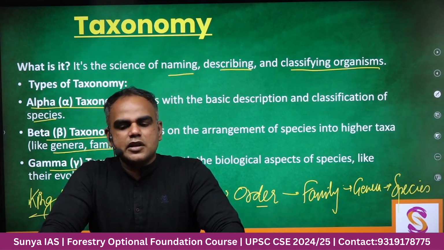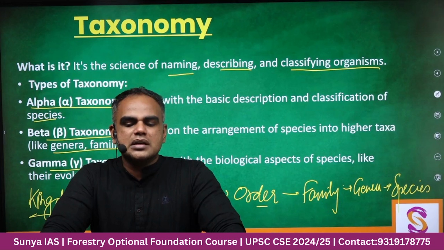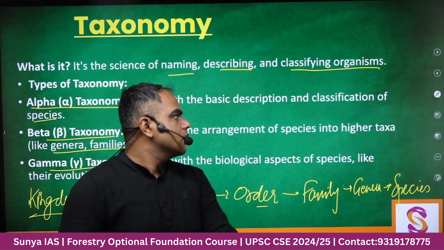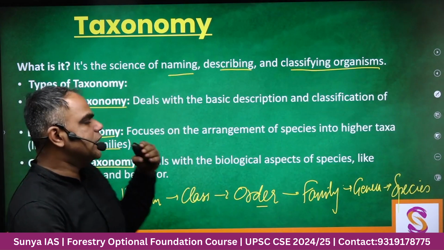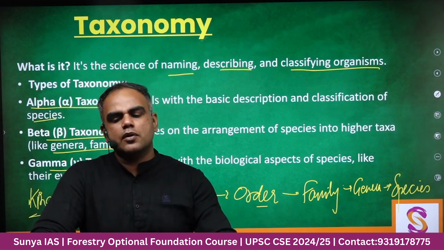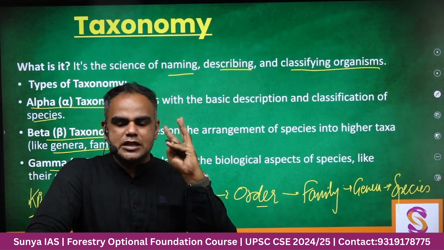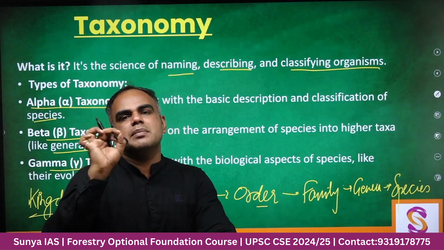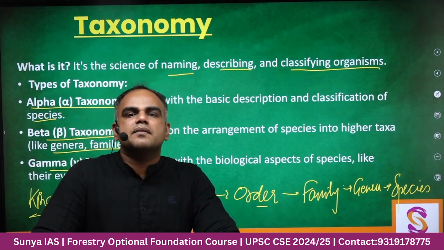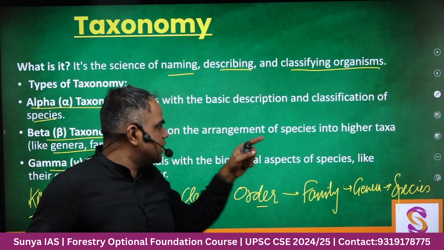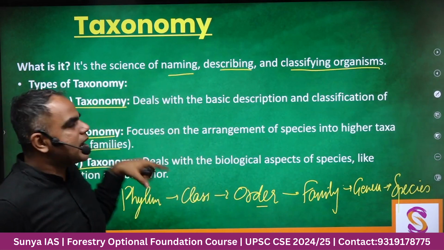For example, in alpha, you only talk about morphological characteristics. Whereas in beta, you go into not just morphological, but also genetic, anatomical, and cytological characteristics. Cytology basically means the study of the cell. So that is even more. That is why it is the arrangement of species into higher taxa.